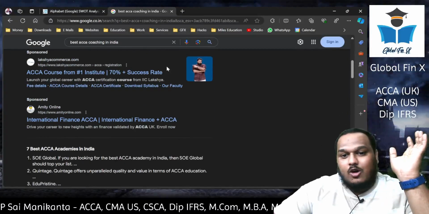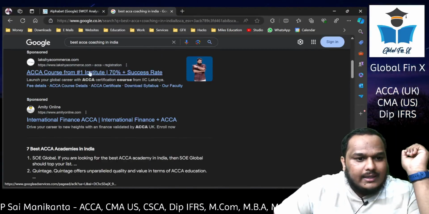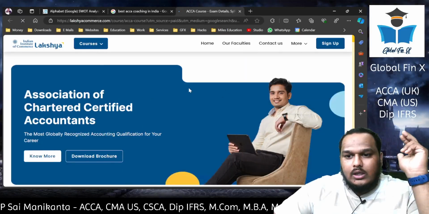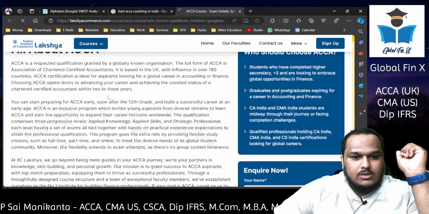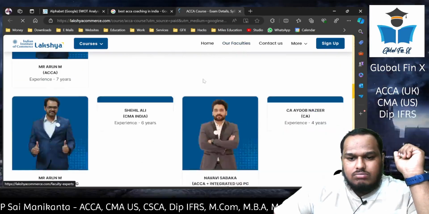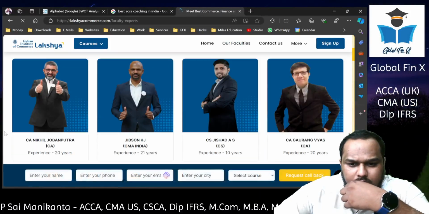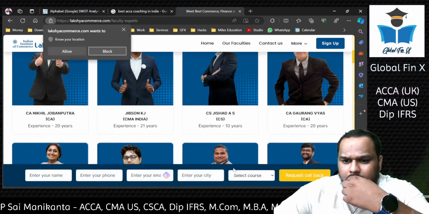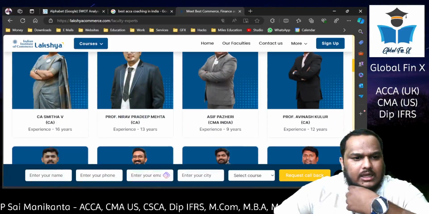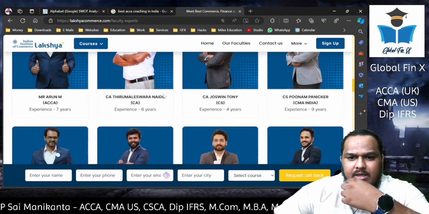And Lakshya Commerce, is this Lakshya of Kerala or Lakshya of Andhra Pradesh? Because there are two Lakshya institutes. I'm not sure. Who are the faculties here? Okay, let's just see the faculty base. CA, CMA, CS, CA, CMA India, CMA USA, CMA India, CS.